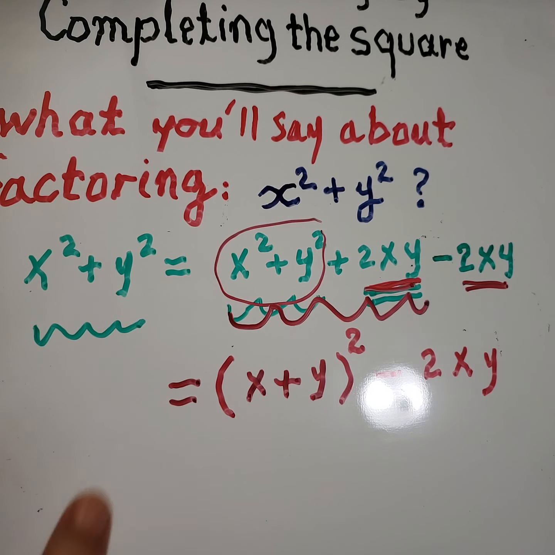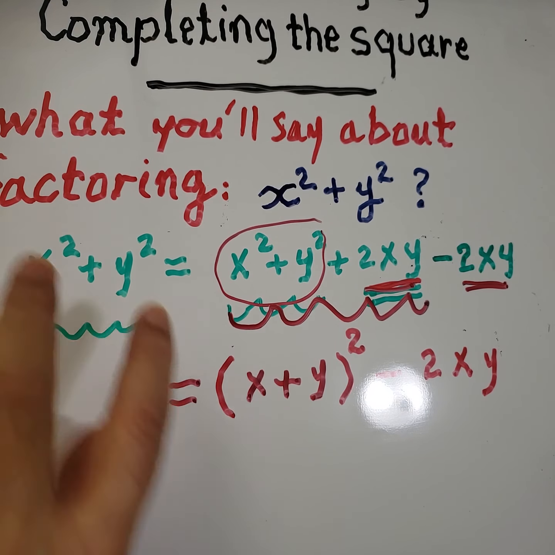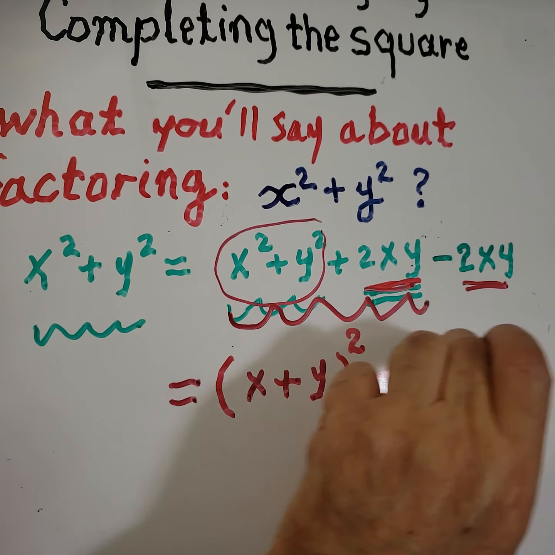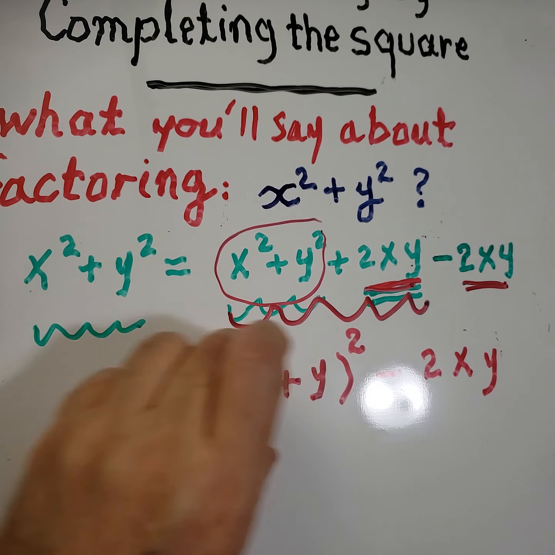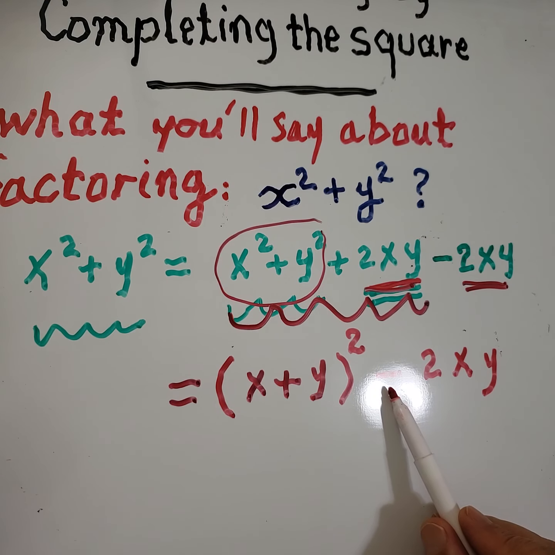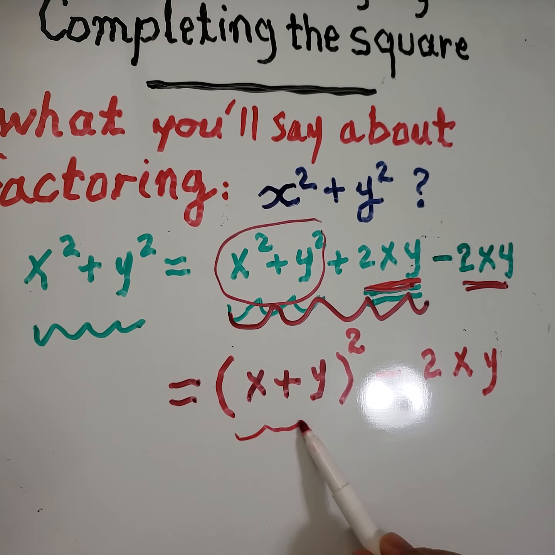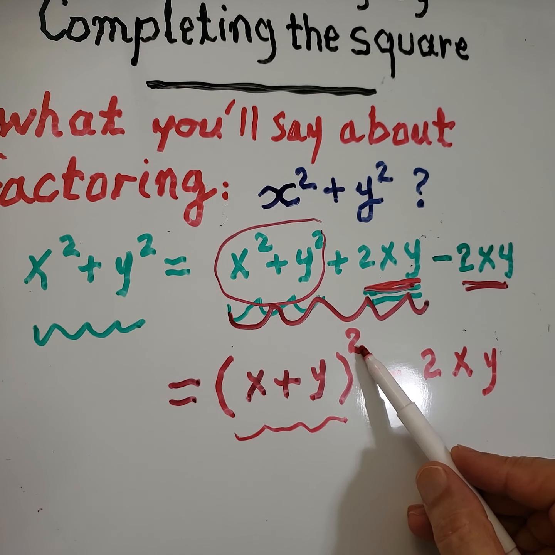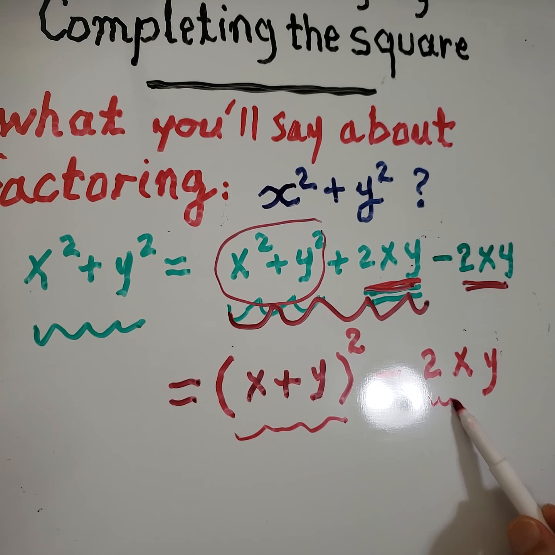As we wrote x squared plus y squared in this form, then we can deal with this form as difference between two quantities. Here is difference, and here is the first quantity, which is squared, and this is the second quantity. We will consider it also as squared.